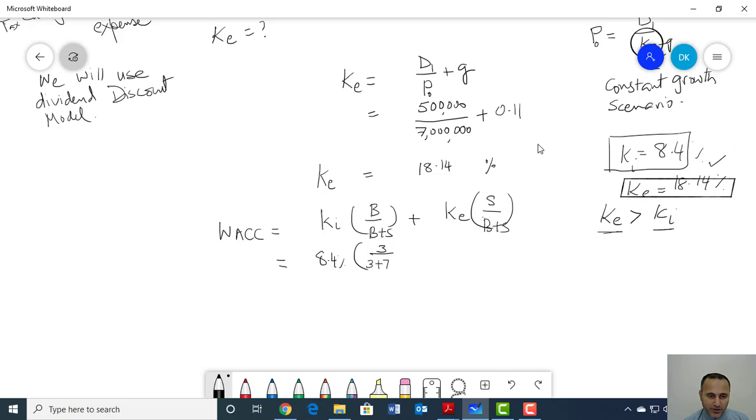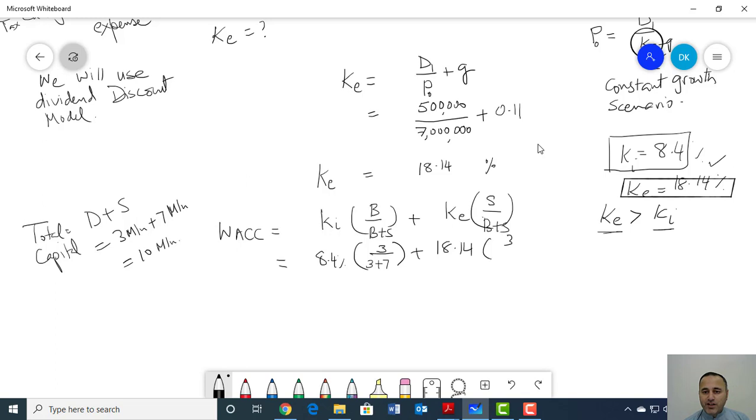Let me write it for you. Total capital is equal to debt plus stock, which is 3 million plus 7 million, so it is 10 million. Plus KE, which is 18.14%, multiplied by 7 divided by 3 plus 7.